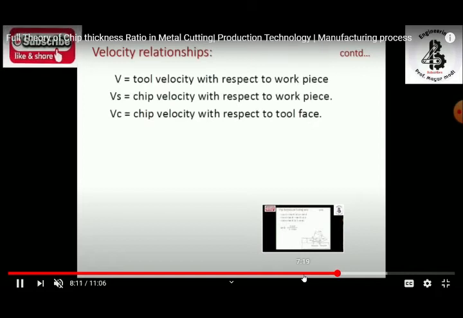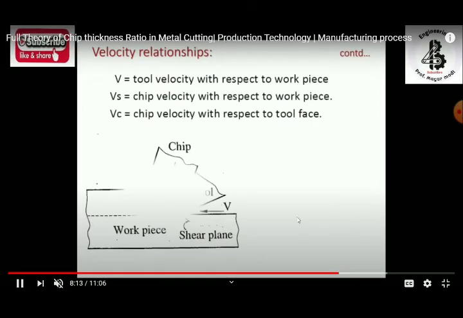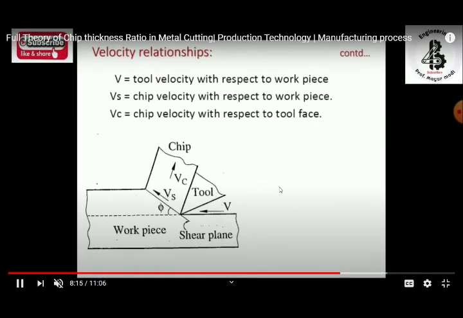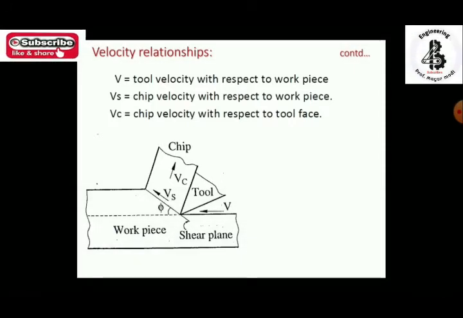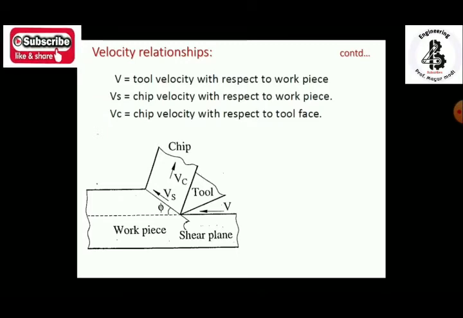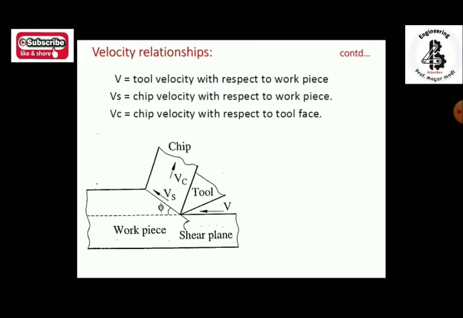Next we know the velocity relationships. V is the tool velocity with respect to the workpiece, and Vc is the chip velocity with respect to the tool face. It is also called the relative chip velocity.